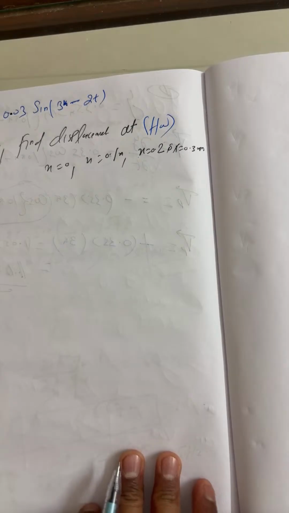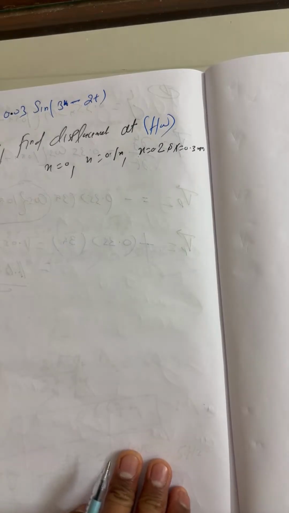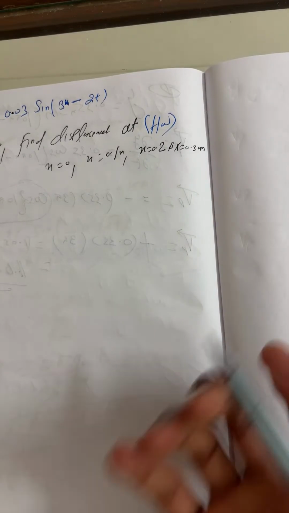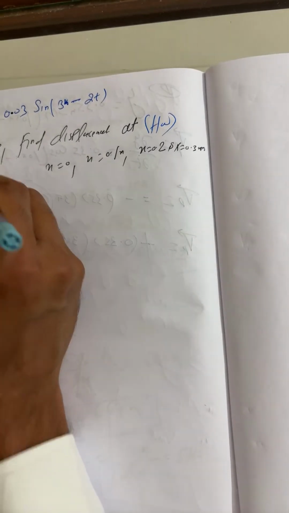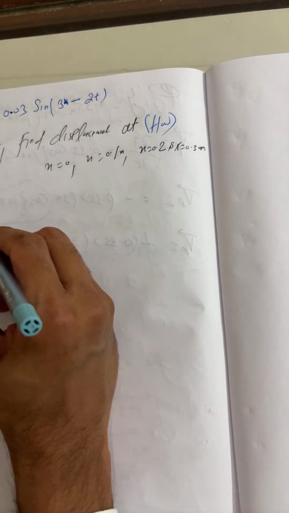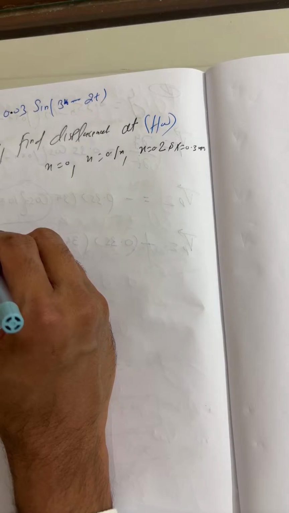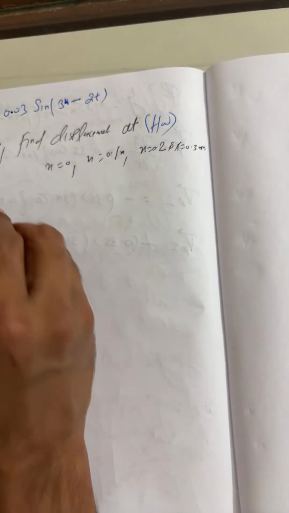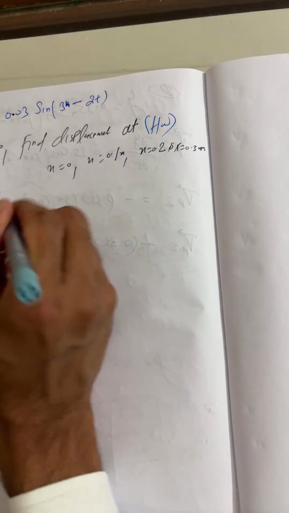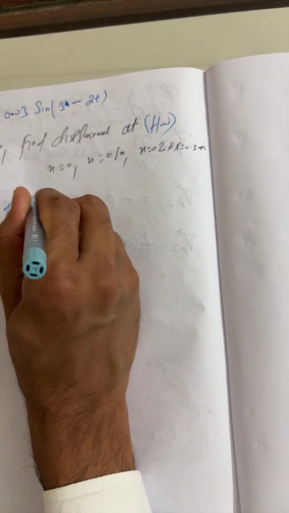Okay, fine. In the viva, I'll ask you one easy question: find the velocity of oscillation of a particle in the string. So you have to find the velocity of the particle in oscillation of the string.